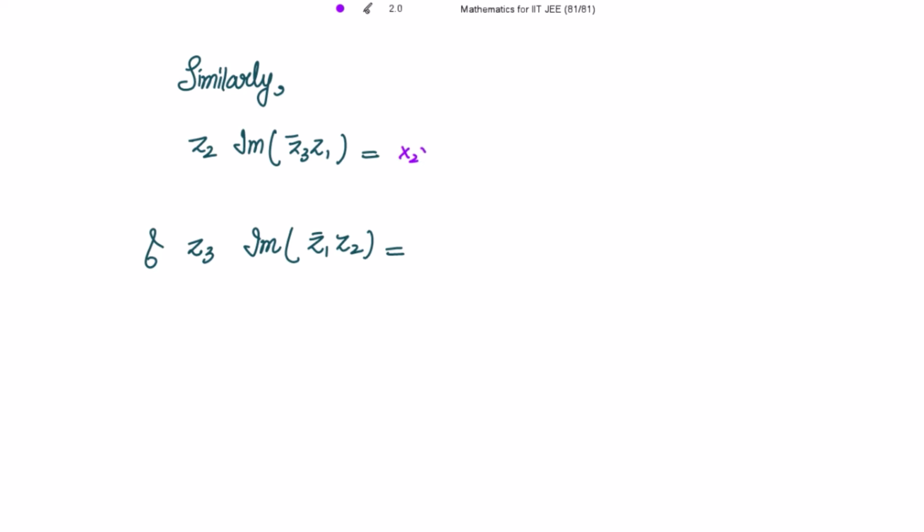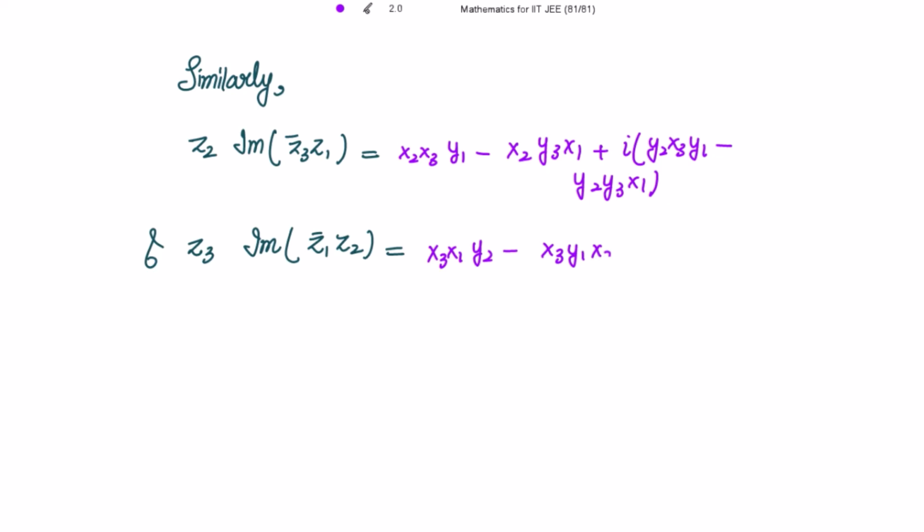So it is x2 x3 y1 minus x2 y3 x1 plus iota times y2 x3 y1 minus y2 y3 x1, and this is equal to x3 x1 y2 minus x3 y1 x2 plus iota times y3 x1 y2 minus y3 y1 x2.